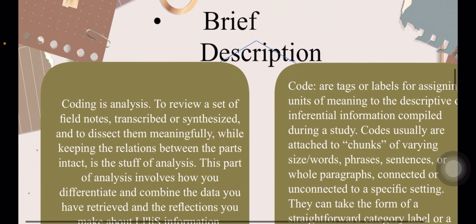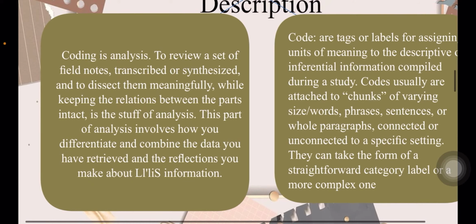Next, brief description. Brief description has two parts. The first, coding in analysis. Coding in analysis: to review a set of field notes, transcribe and synthesize, and to dissect them meaningfully while keeping the relations between the parts intact is the stuff of analysis.